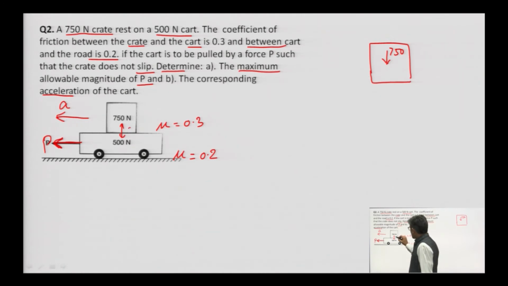Say this is reaction R1, upward reaction for this upper part, and downward for the lower block.